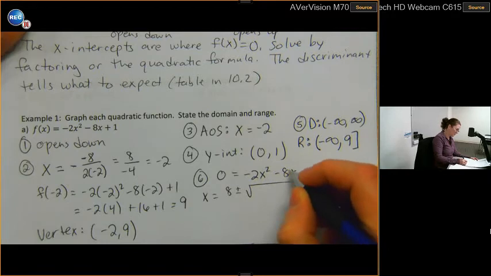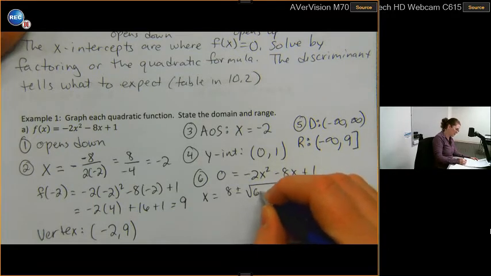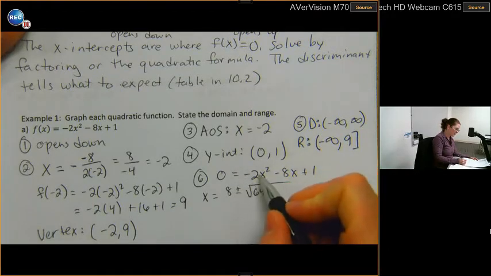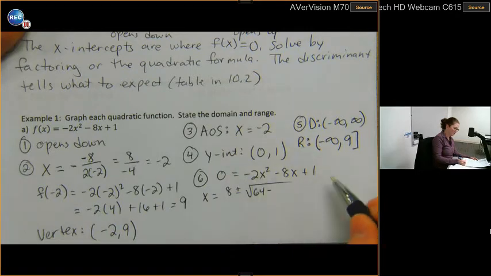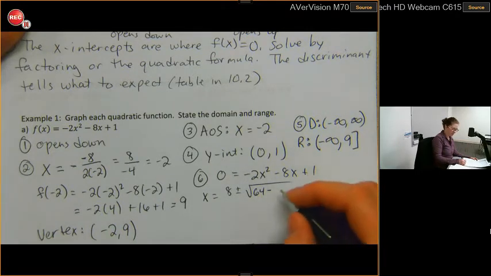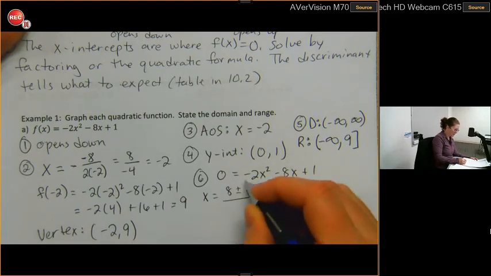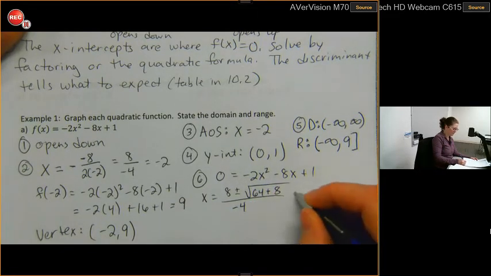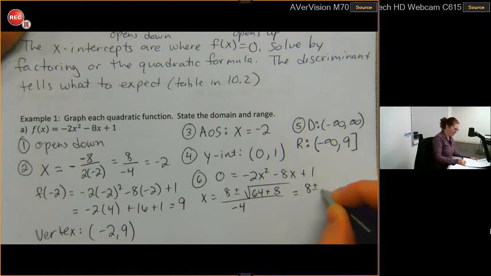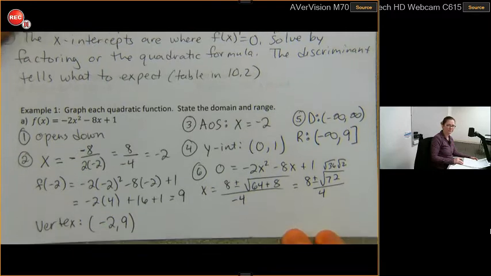I'm going to do some of my work in my head. 8 squared is 64. 4 times negative 2 times positive 1, it's 4ac, ends up being positive 8, all over 2 times a. So 8 plus or minus the square root of 72 over 4. 72 is 36 and 2.